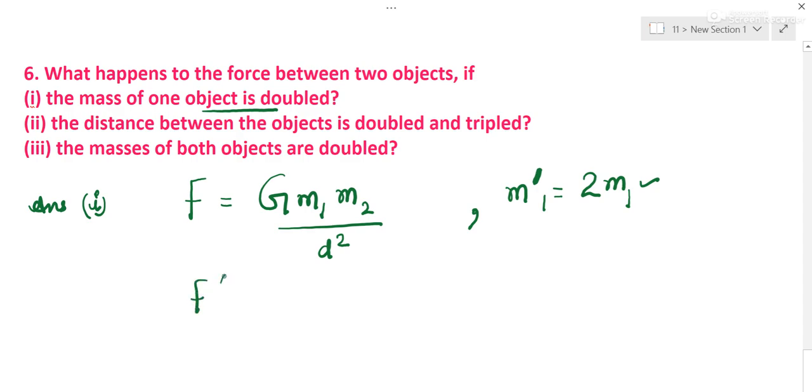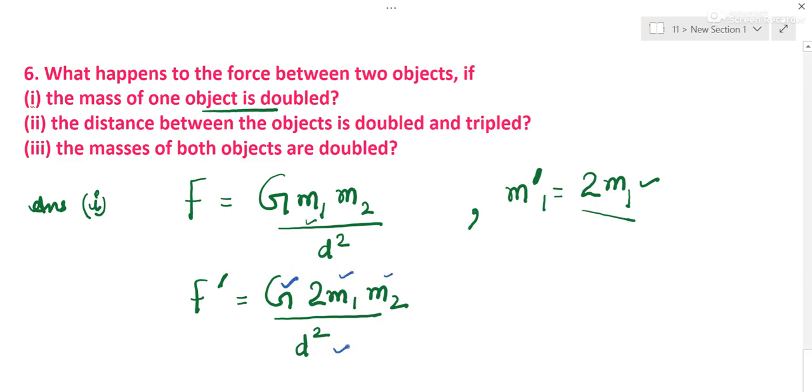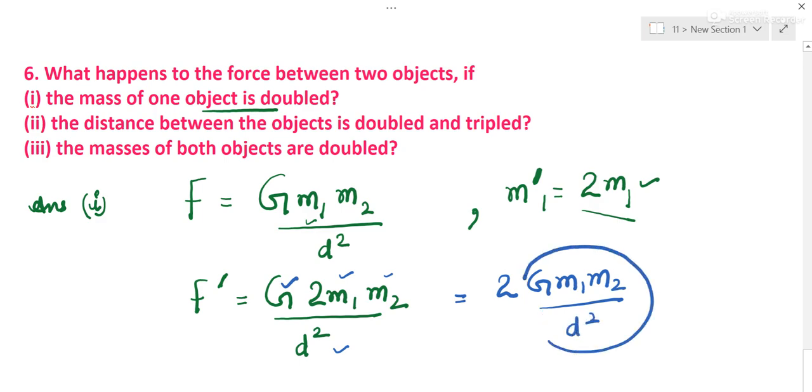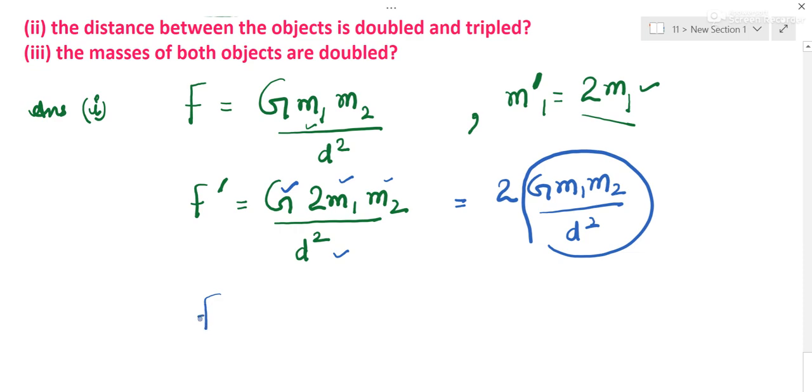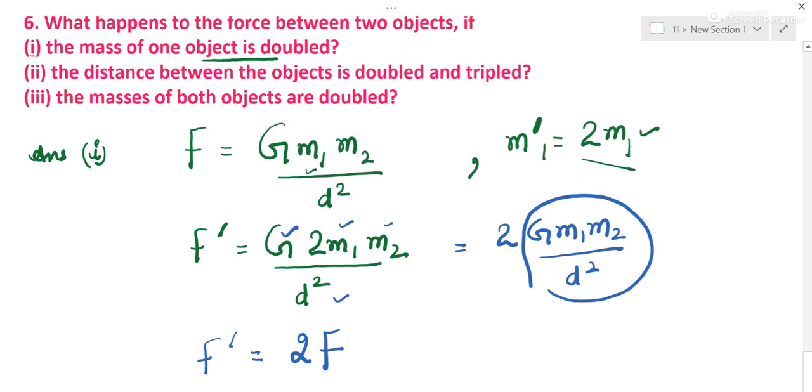My new force will be capital G as it is, distance square as it is, mass of first object I will write as 2m1 and then m2. Then children, the full formula remains as it is, G m1 m2 by d square. Bring out the number. So this is the original force, right? So my new force will be double of the original force.